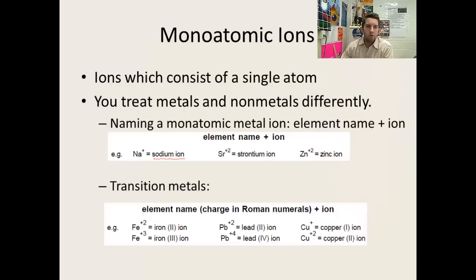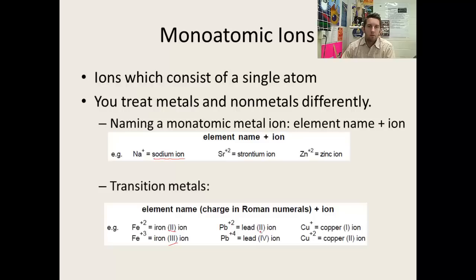Transition metals, remember those are those metals inside or towards the middle of the periodic table. They're a little bit tricky because they have multiple oxidative states. Sometimes iron will lose 2 electrons. Sometimes it'll lose 3. So when you name these, you have to specify with a Roman numeral how many electrons it's losing.